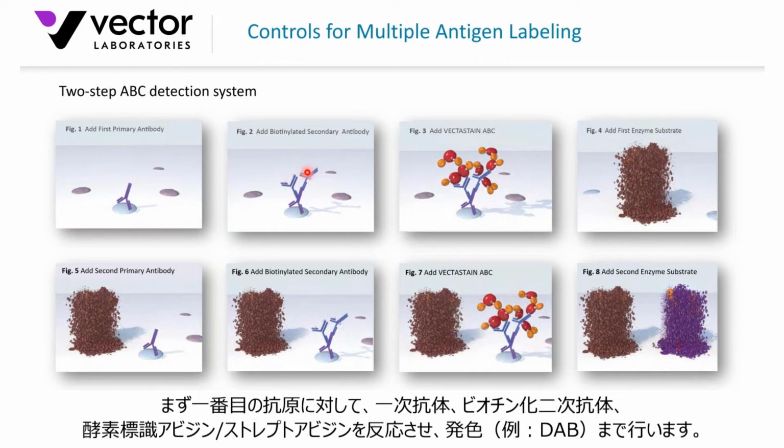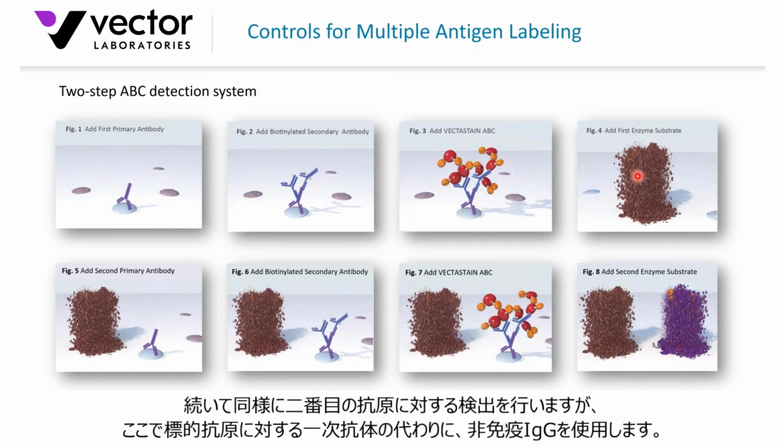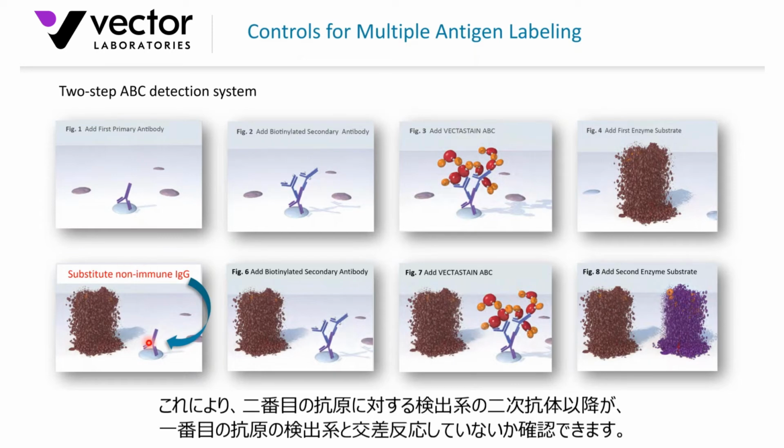This is your biotinylated secondary, avidin, streptavidin-based enzyme system, and then your first substrate, for example, DAB. And then you're going to run a second label using the same methodology. And what you'll have to do is substitute in, very similar to the one I just showed you, a non-immune IgG here, but then run all of these other secondary detection systems to ensure you are not getting cross-reactivity with any of the first label.